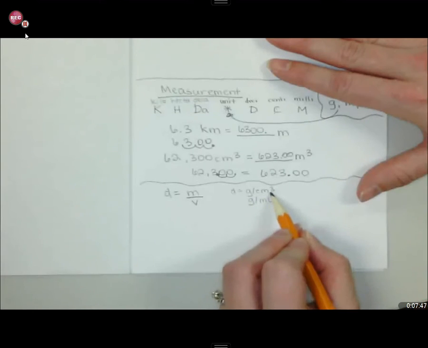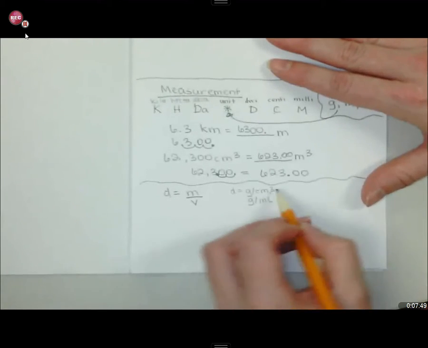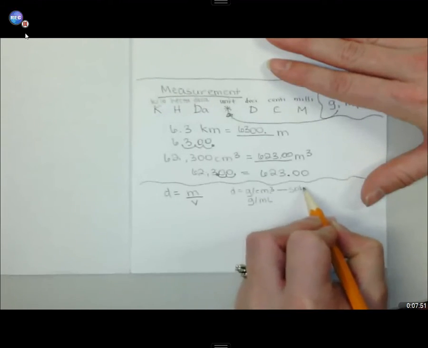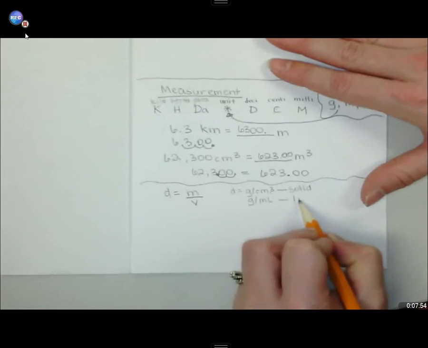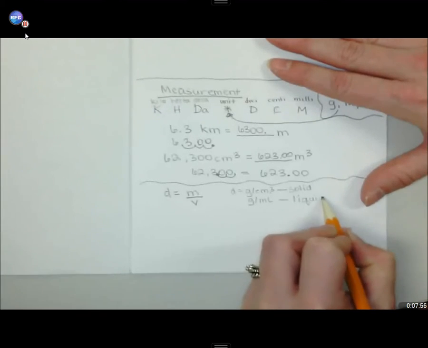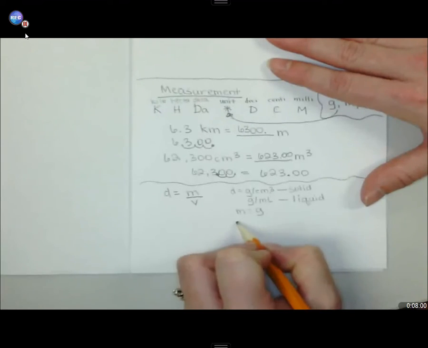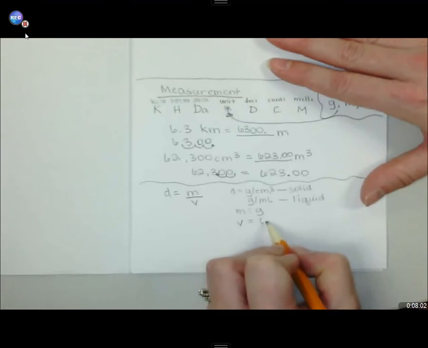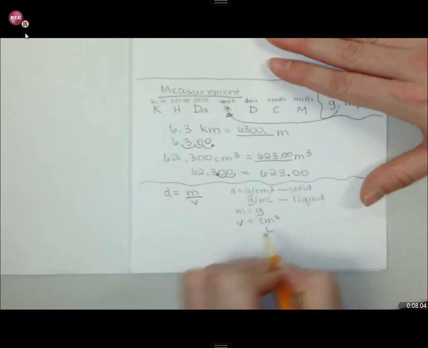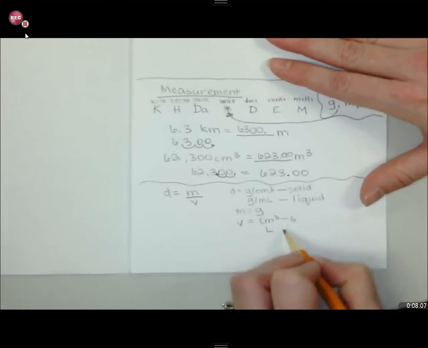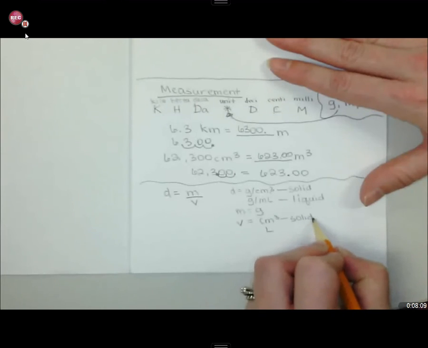This would be a solid, this would be a liquid. Okay, so solid, liquid. Then you have mass. Mass is going to be grams, and volume is going to be centimeters cubed or liters. So again, this is solid, this is liquid.